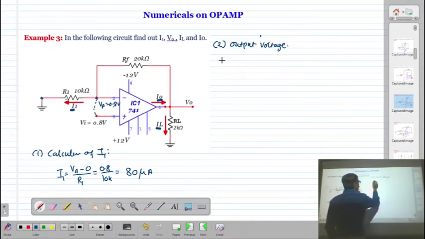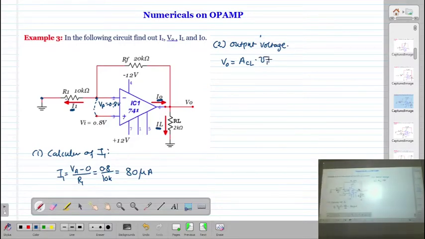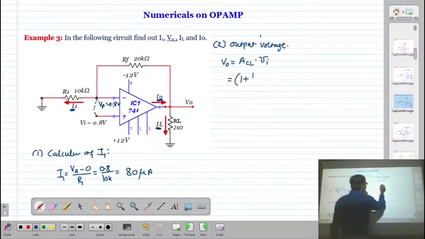Now we will calculate the output voltage. For the output voltage, we know that VO is equal to ACL into VI. Correct? And this is a non-inverting amplifier. So my ACL is 1 plus RF by R1, into VI.